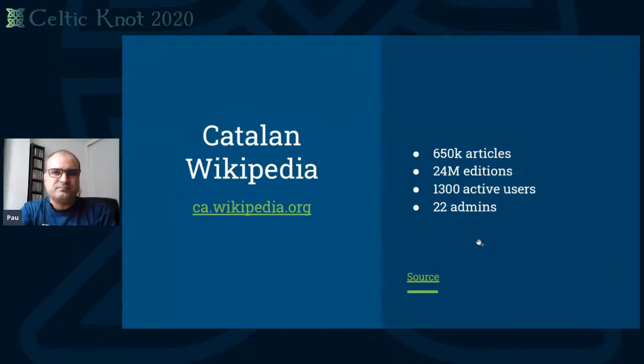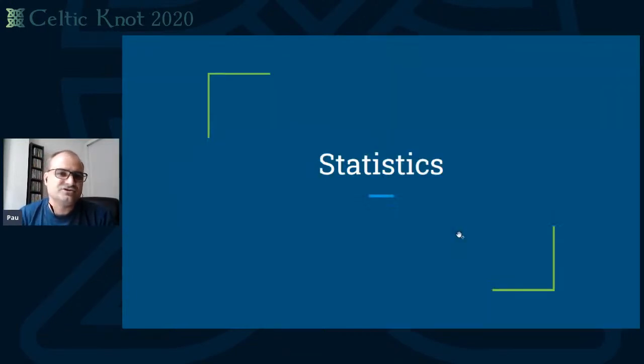This is not a very important Wikipedia, but we have some large articles, and I think we are in the 20 most important for the number of articles of Wikipedia editions.